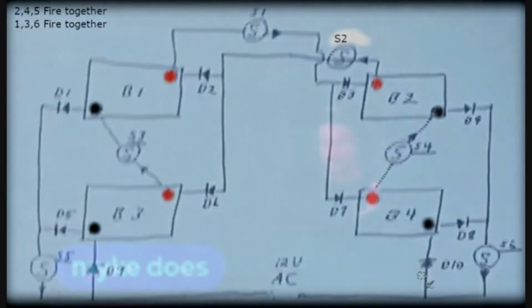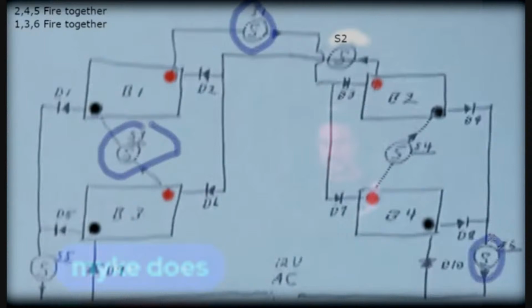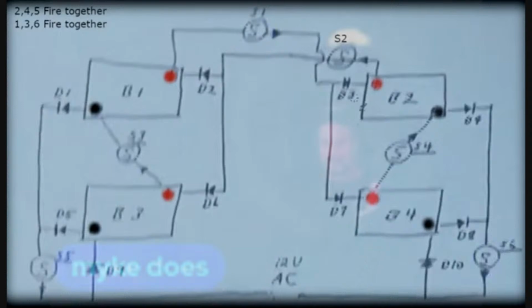So I will, here's switch 1. I'm sorry, that's switch 3. Here's switch 1. Here's switch 3. And here's switch 6. Those fire together, and then they open, and then the other 3 fire, which is switch 2, 4, and 5.